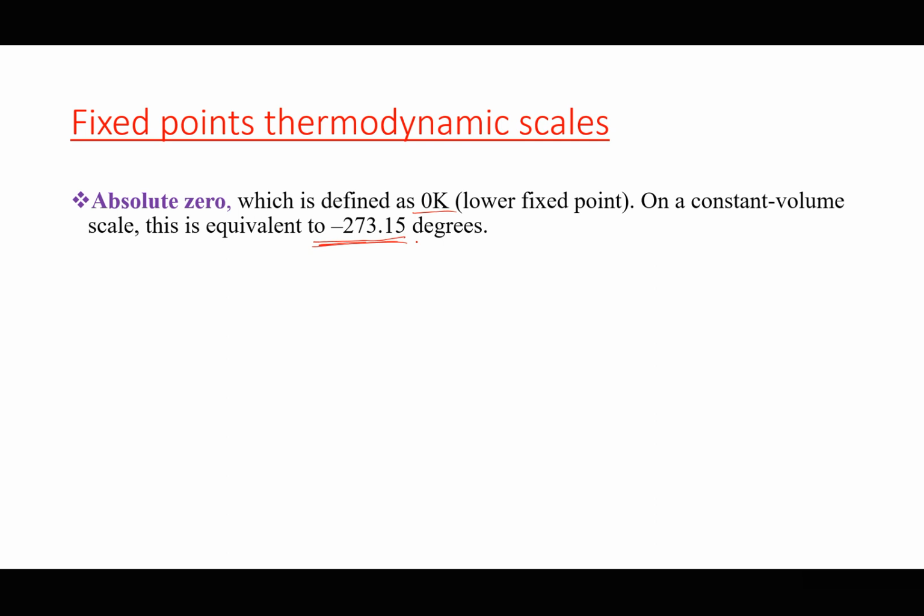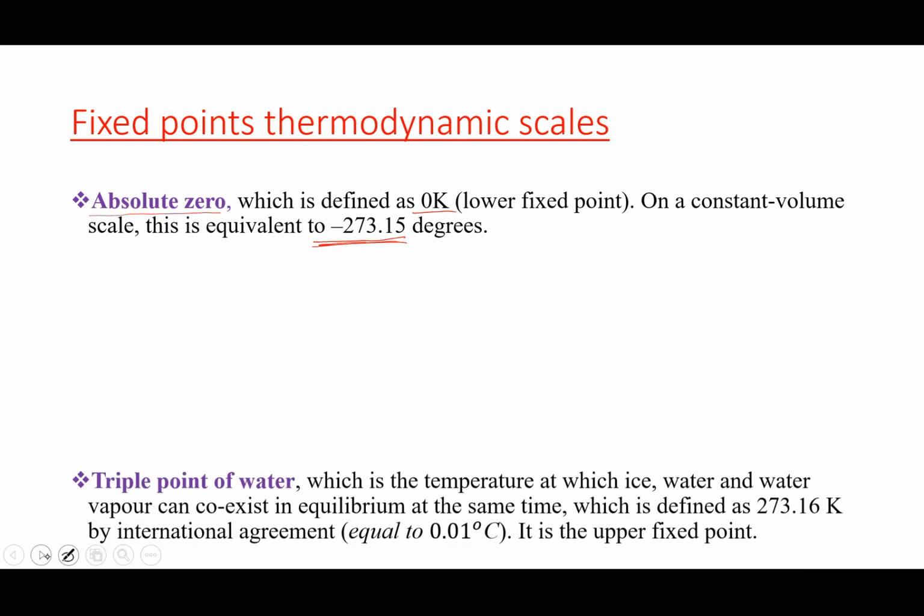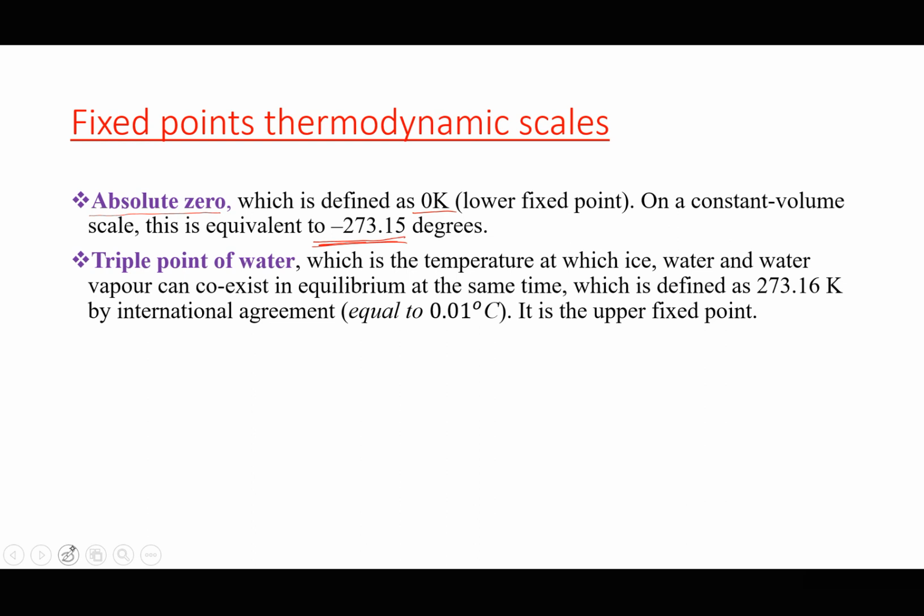But many times we just use negative 273, depending on the conditions, as we are going to see. There is another fixed point other than the absolute zero, and this is called the triple point of water. These are the two fixed points on the thermodynamic scale.